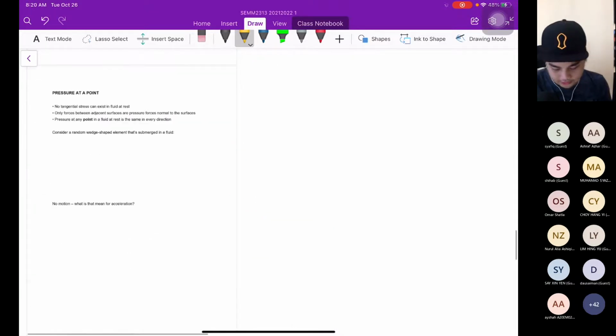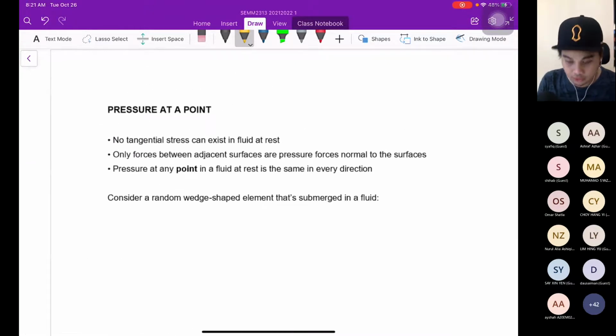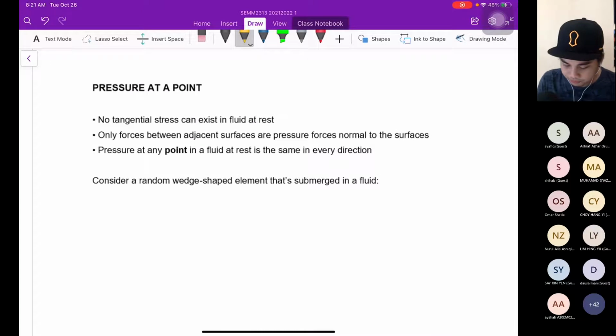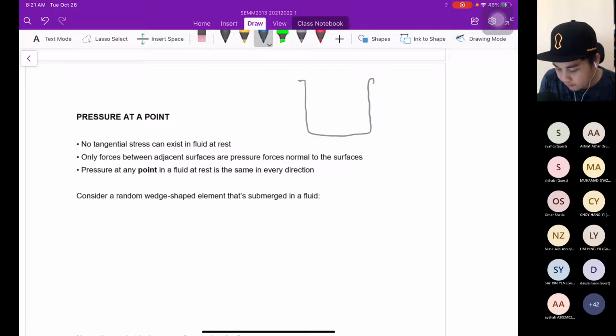Okay, good. Now let's take a look at the pressure at a point. This is very important, I need your focus on this. Since this is static, there is no motion at all. Let me draw you a beaker, and then we have the fluid particle.